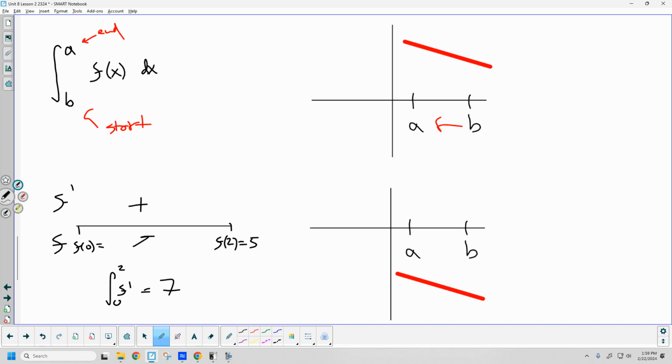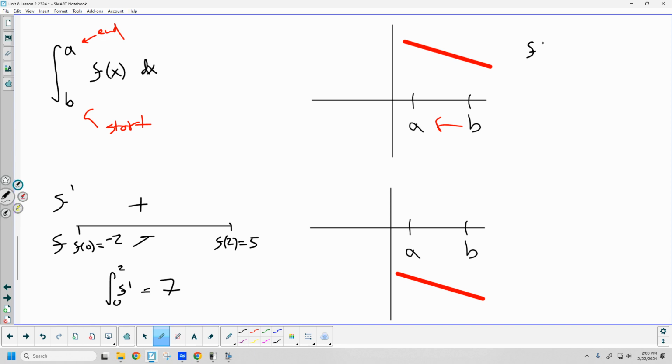What is f of 0, and how did you do it? You subtracted, going backwards. You took 5 and subtracted 7 to get -2.